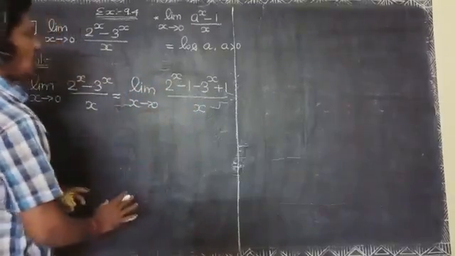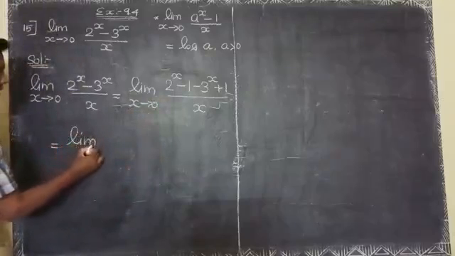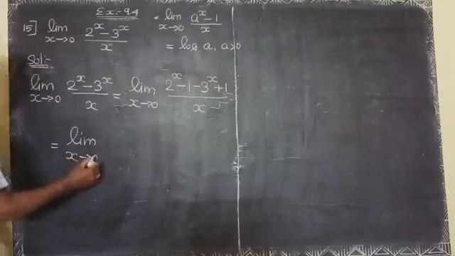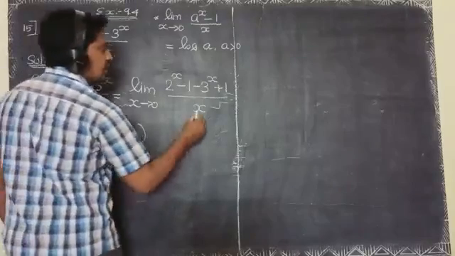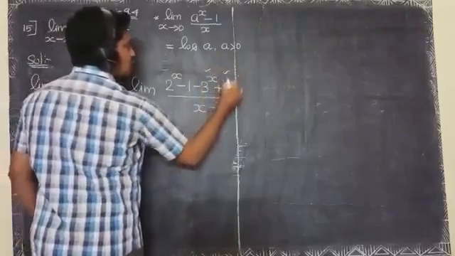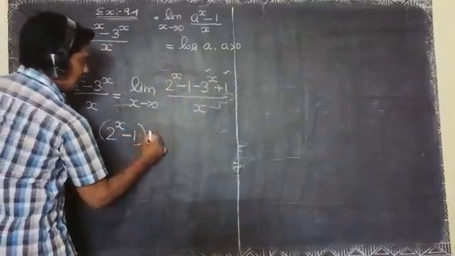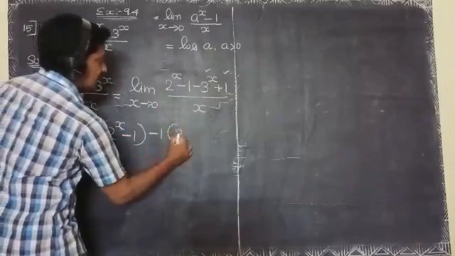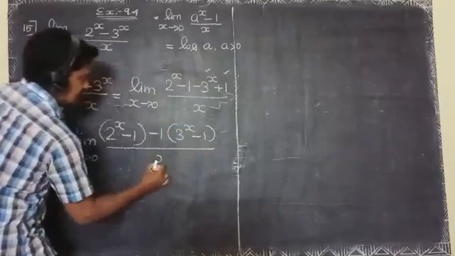Grouping the function, taking minus 1 outside, we get 2 power x minus 1 minus 3 power x minus 1 divided by x.